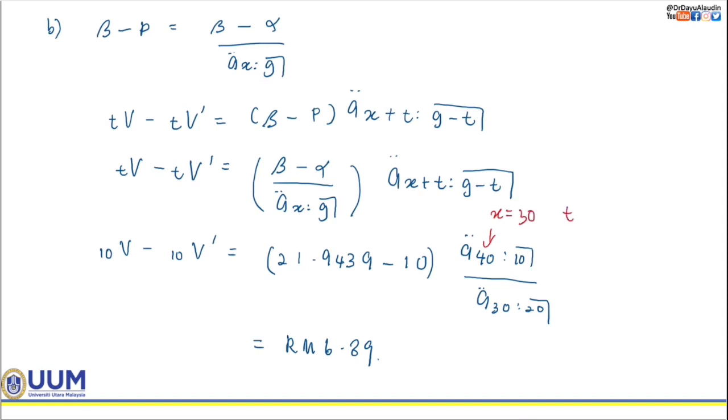T is the 10th policy year, T is 10. So G minus T, G is 20, minus 10. And this is X G. And we refer to the table and we get 6 ringgit and 89 cents.